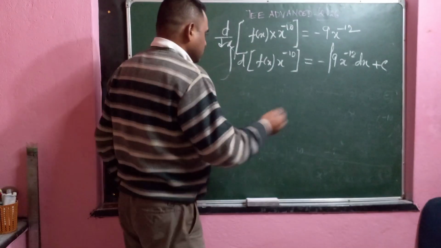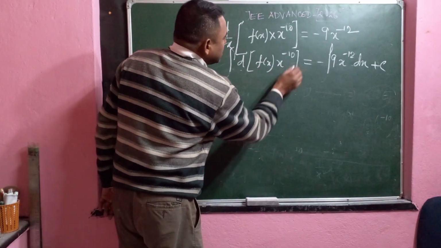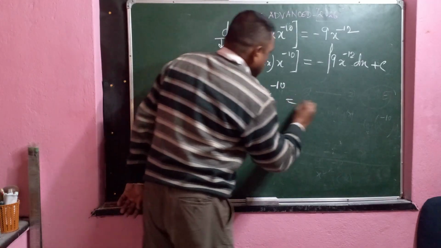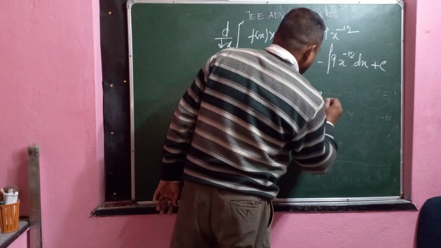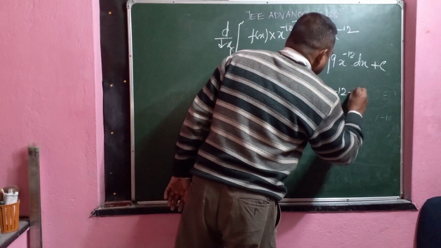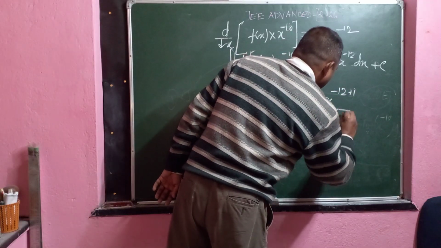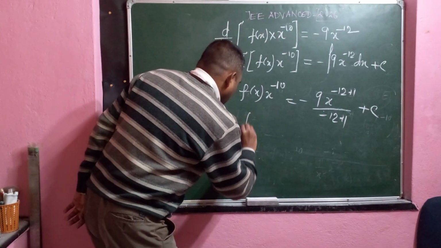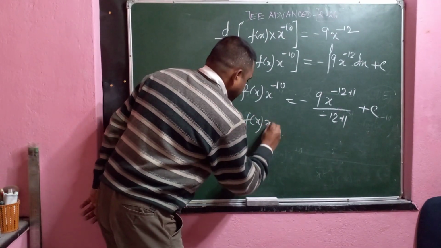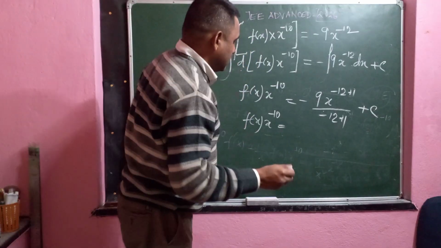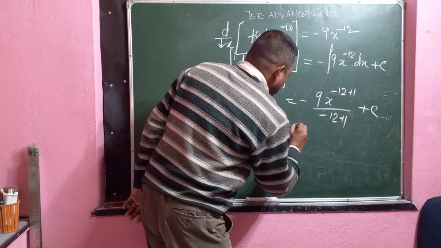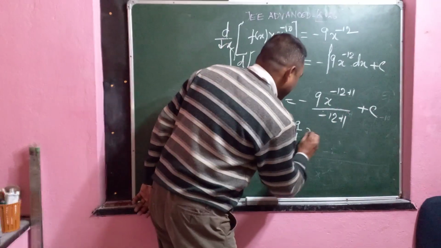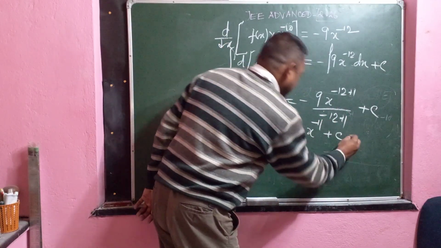Without practice, for this. So f(x) x to the power minus 10 is equal to 9 x to the power minus 12 plus 1 divided by minus 12 plus 1, plus the constant of integration. So f(x) is 9 by 11 x to the power minus 11 plus c.